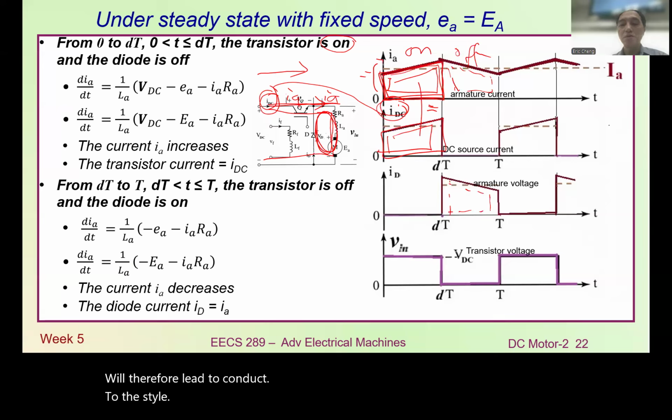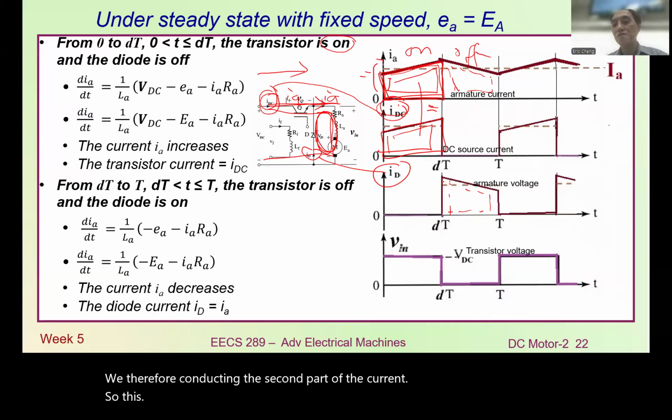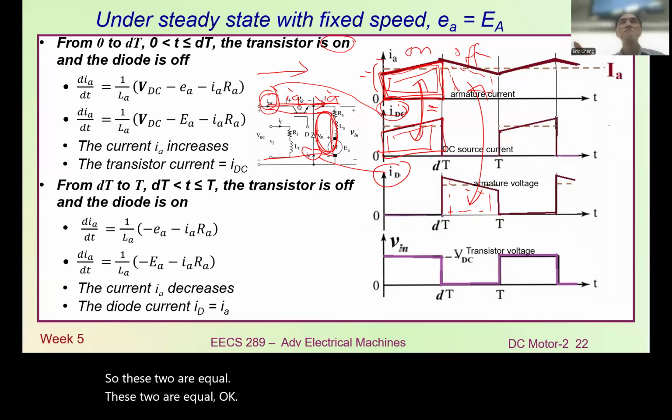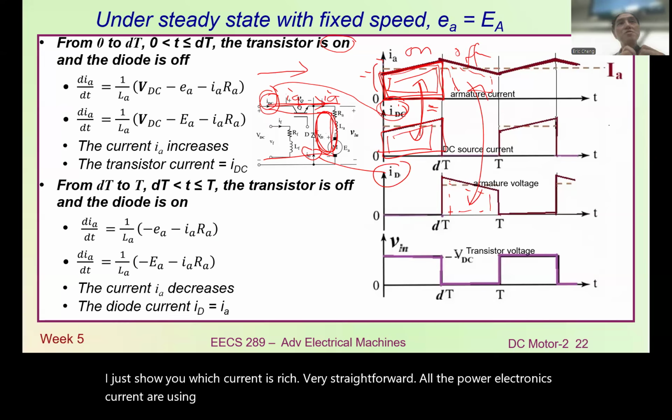The diode current will therefore conduct the second part of the current. So this trapezoidal shape will appear here. These two are equal, okay? I just show you which current is which. Very straightforward. All power electronics currents are presented using this method, so you need to get used to it anyway.